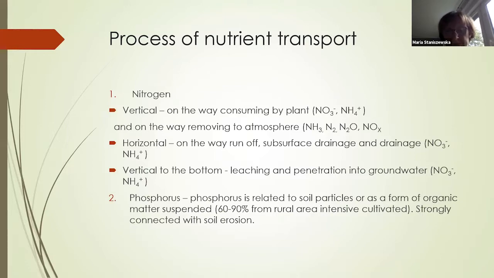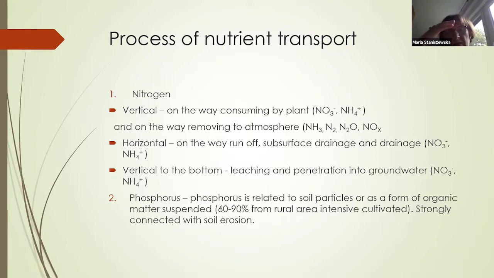So what happens because of nutrient transport? In food production, the nutrient is very important to plant life. But in the water, they do the same, but we don't want it. So at first, nitrogen.